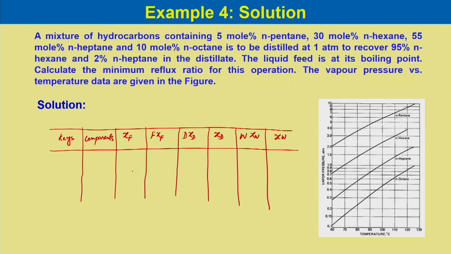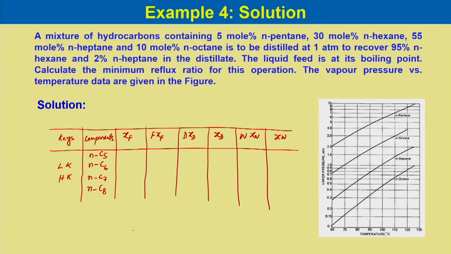The keys are light key and heavy key. First, what are the components? We will write n-pentane C5, n-hexane C6, n-heptane C7 and n-octane C8. Now, we have defined this is the light key and this is the heavy key.